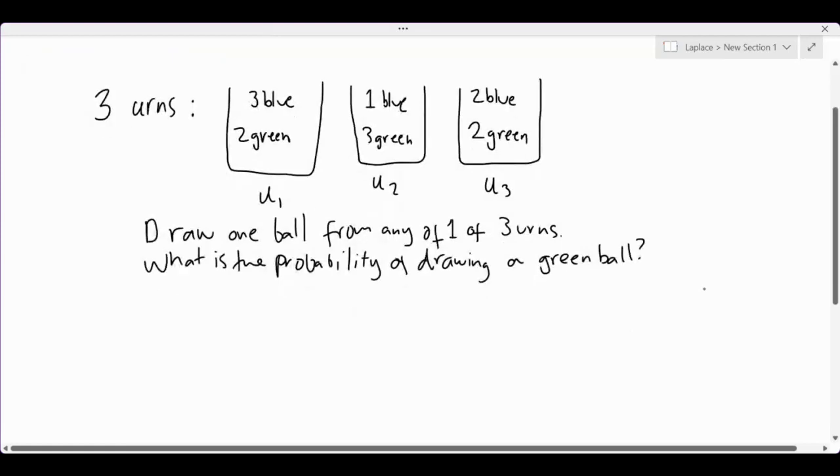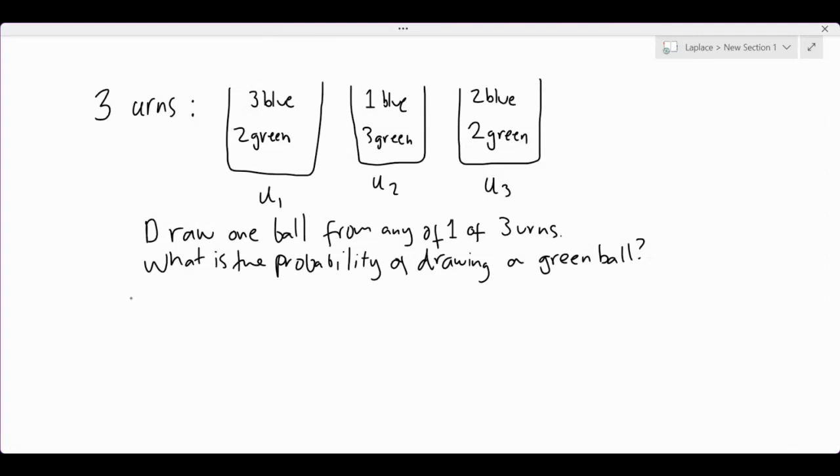Now, to be able to answer this question, let's denote the probability of drawing a green ball by the symbol P of G, where G is the event of drawing a green ball randomly from any one of the three urns.